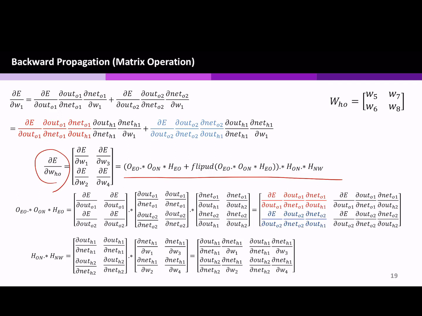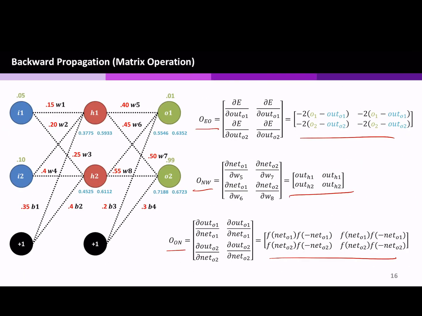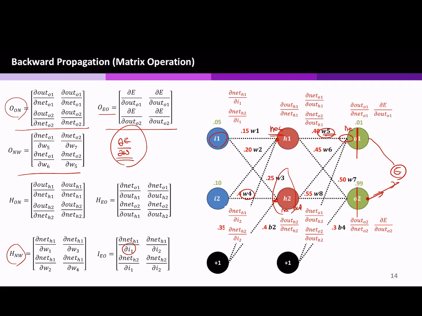So no matter if we increase the number of neurons or the number of hidden layers, you can compute, for instance, the partial of output over net and the partial of net over the connected weight parameter. If there's a node connected to another neuron, here's out, here's the net, here's out, here's the net.